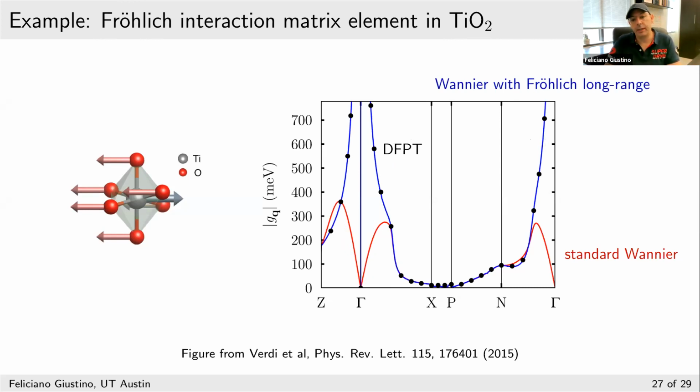When you do that, you recover the correct matrix element as you would expect. I will not give the formulas, but this is similar to what Paolo Giannozzi mentioned yesterday about the LO-TO splitting in polar crystals, when you need to add an extra non-analytic term into the dynamical matrix. In this case, a similar term has to be added to the electron-phonon matrix element.